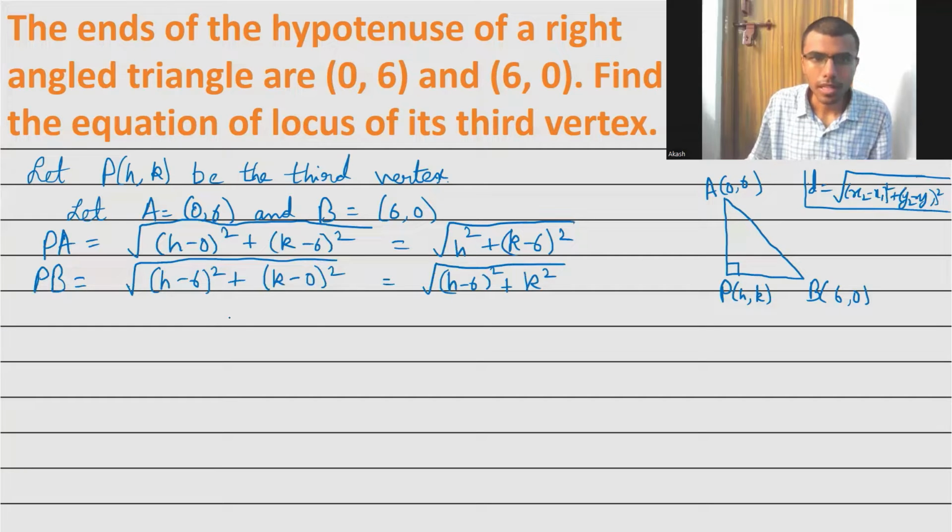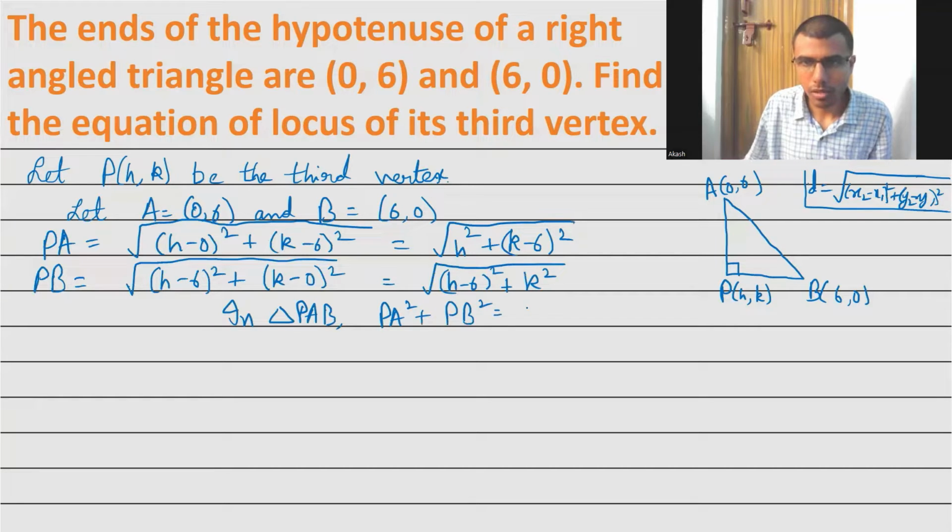Now, in triangle PAB, PA square plus PB square is equal to AB square.